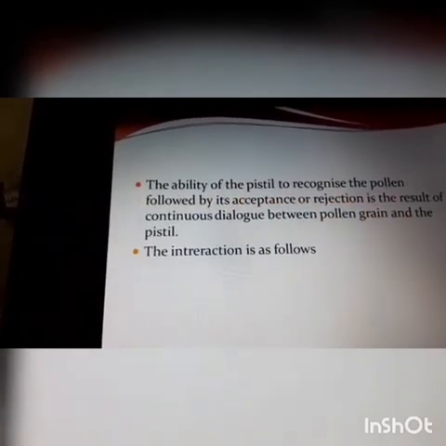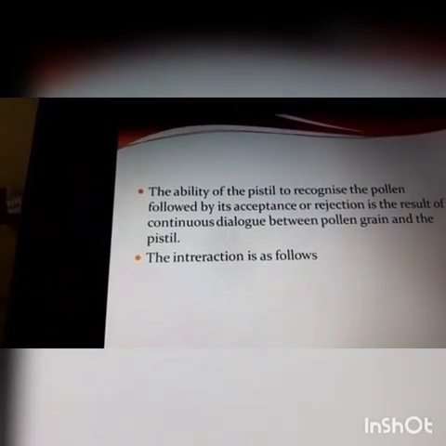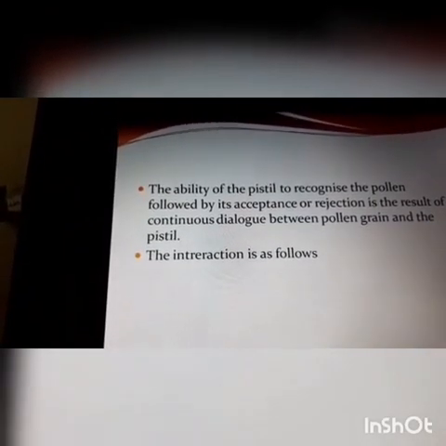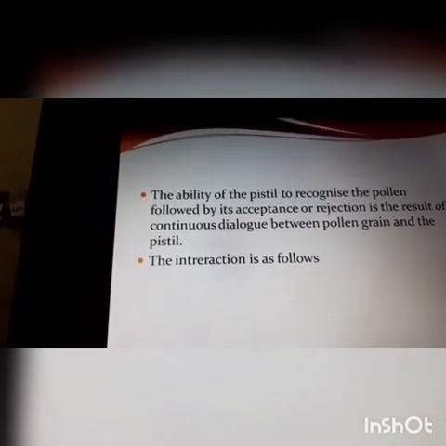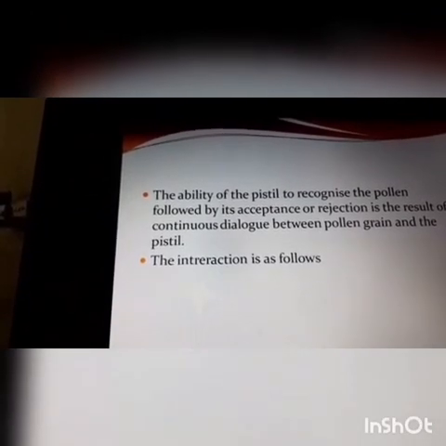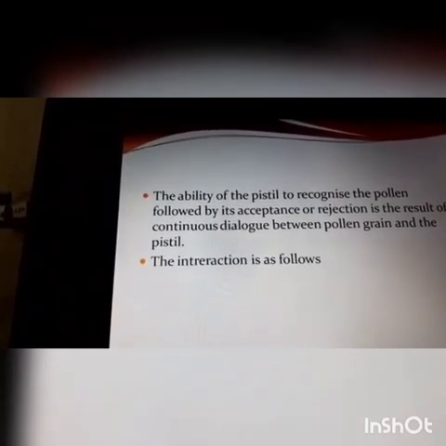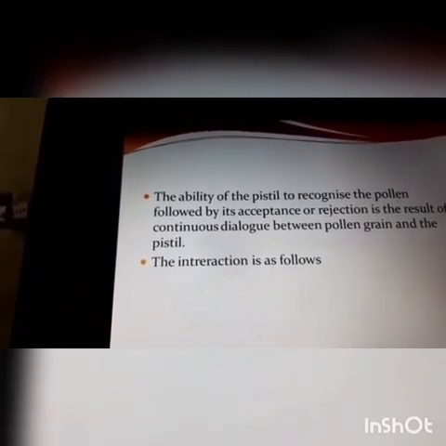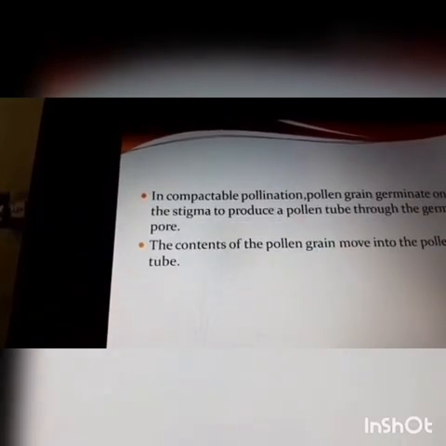Clear? Then, the ability of the pistil to recognize the pollen followed by its acceptance or rejection is the result of a continuous dialogue between the pollen grain and the pistil. That means a lot of interactions are happening between the pollen grain and the pistil. So, we are going to discuss this interaction.